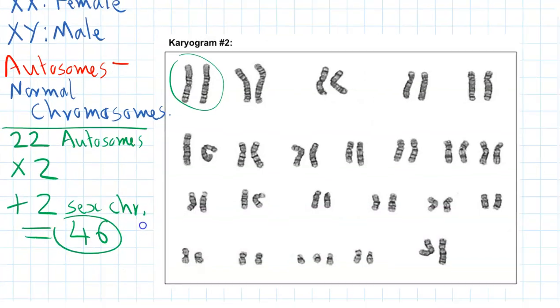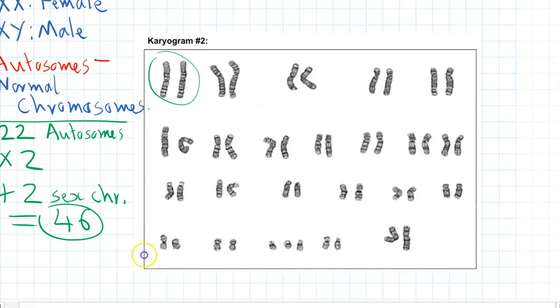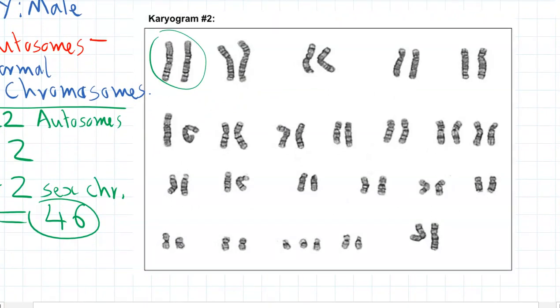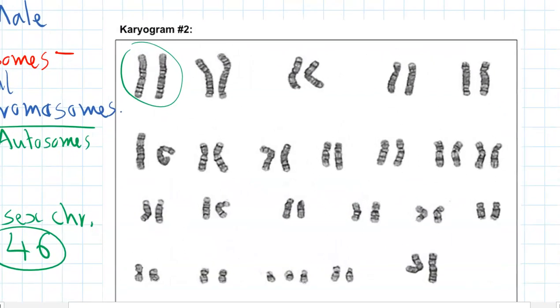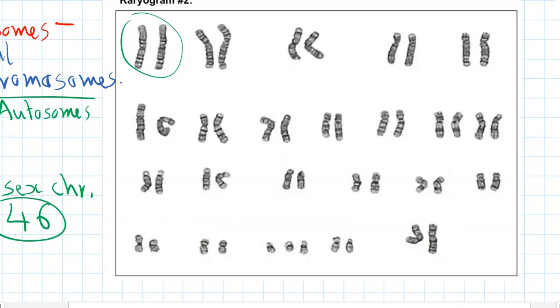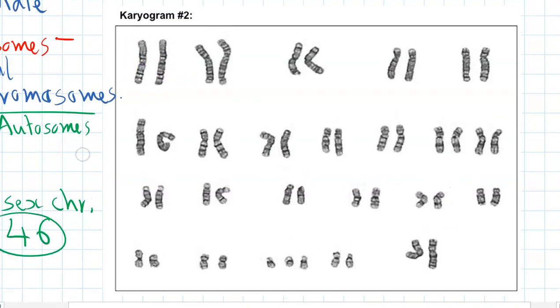Okay, the last thing is, how can you actually use a karyogram to figure out a genetic disorder? Here's an example of a person with a common disorder, and this person has Down syndrome. I'll give you a second to have a look at this karyogram. Can you see anything wrong with this karyogram of this person?